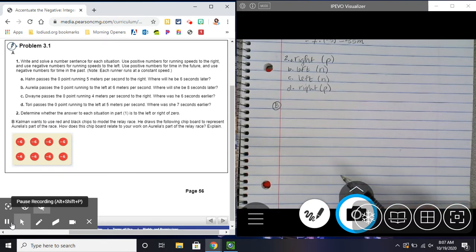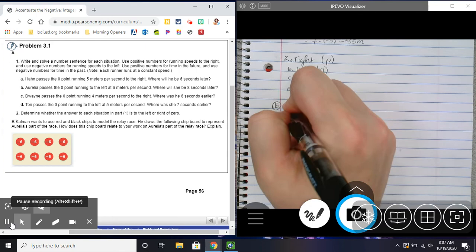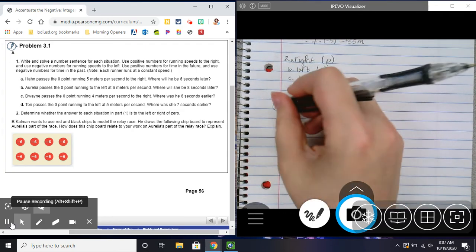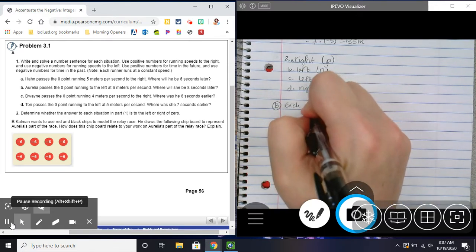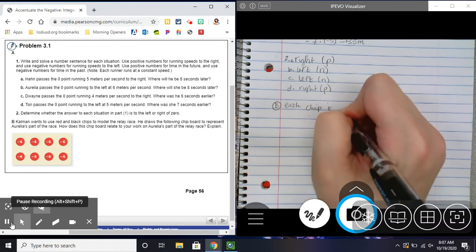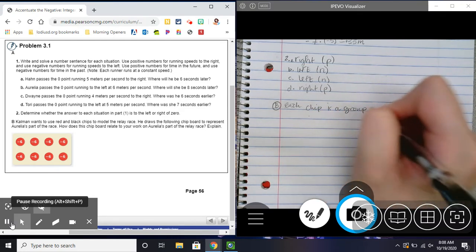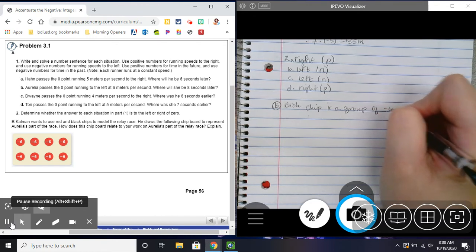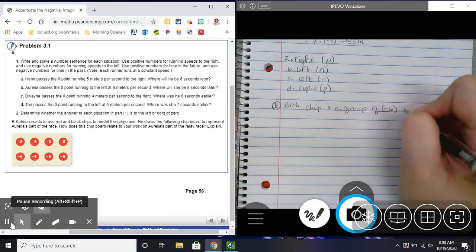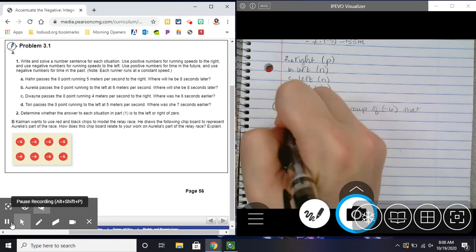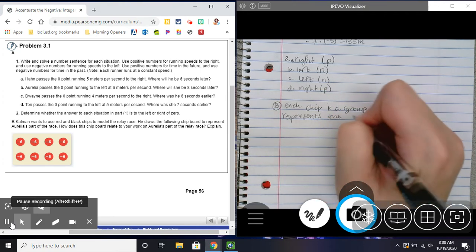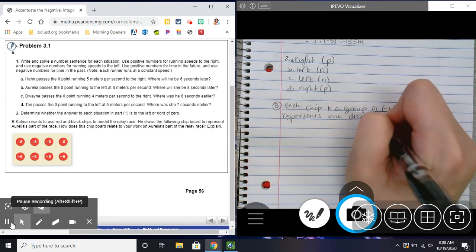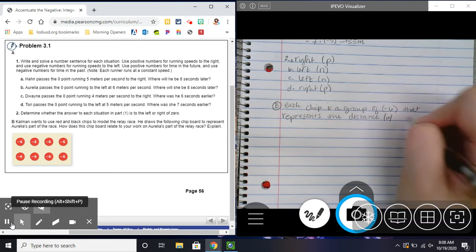If you compare them, you would say something like, each chip is a group of -6 that represents the distance with direction.